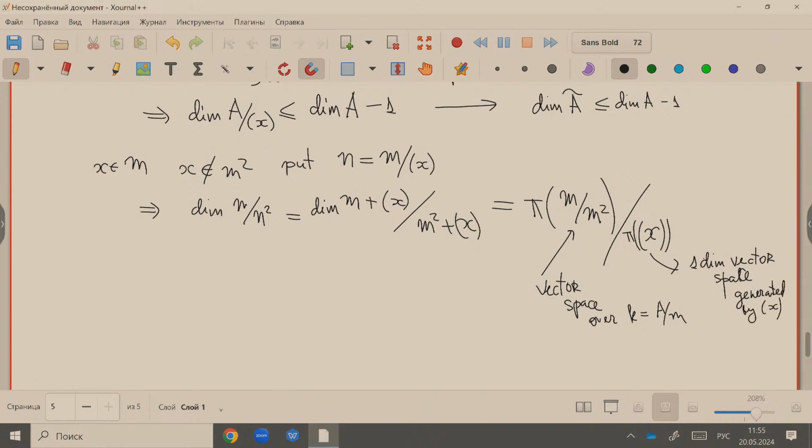So this means that this dimension is equal to the dimension of M modulo M square minus 1. Sorry, here it was without.